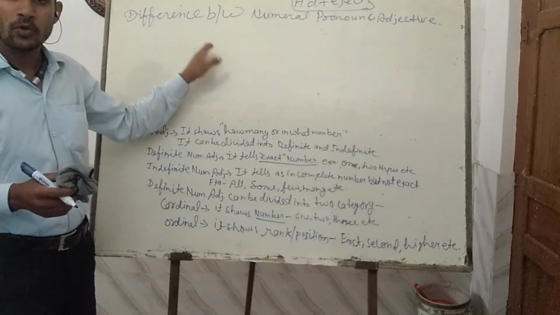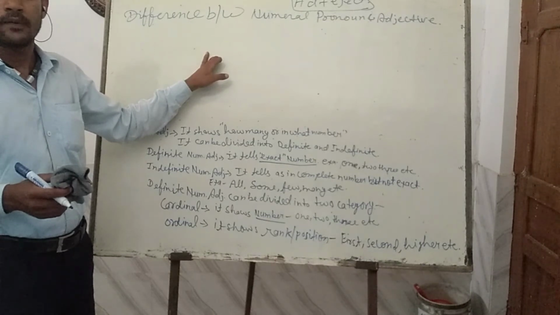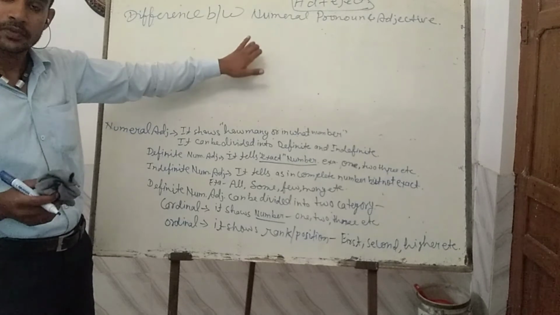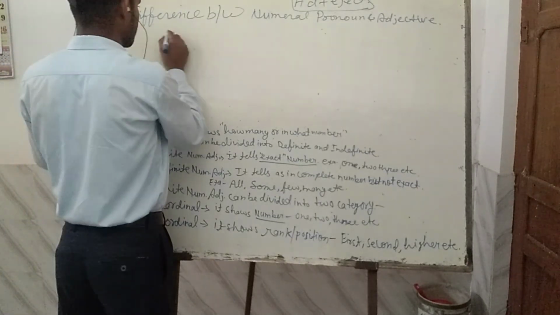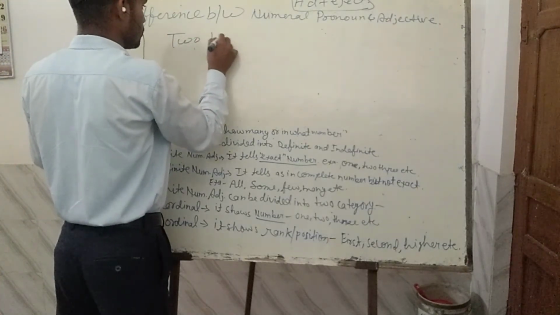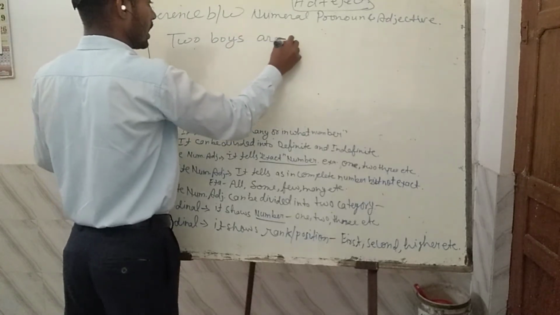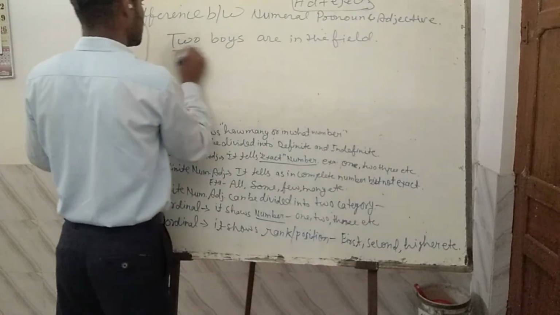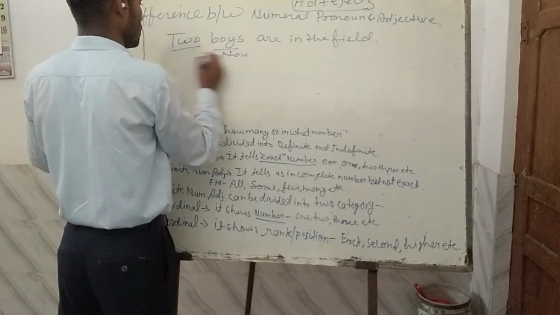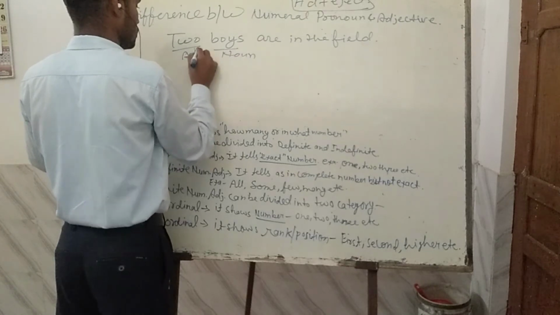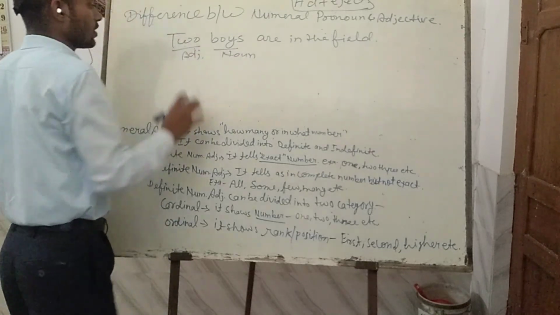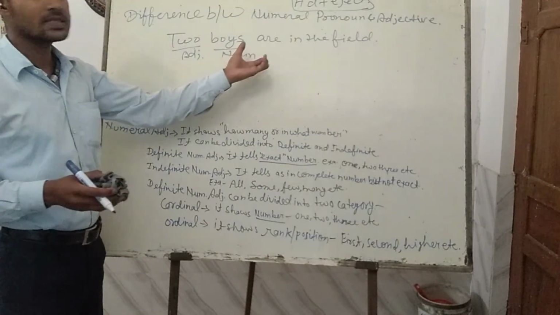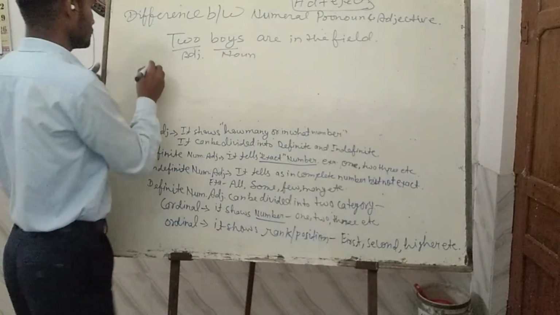But pronoun works at the place of noun. For example, you can say two boys are in the field. Here boys is noun and two is working as the adjective.